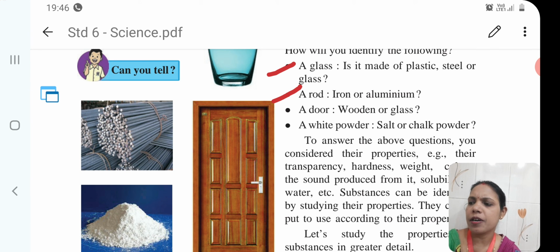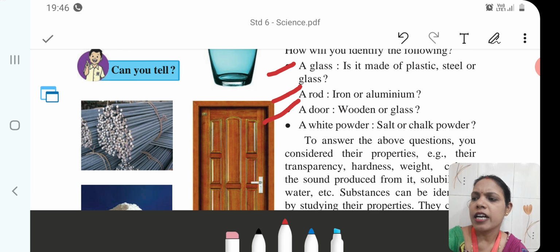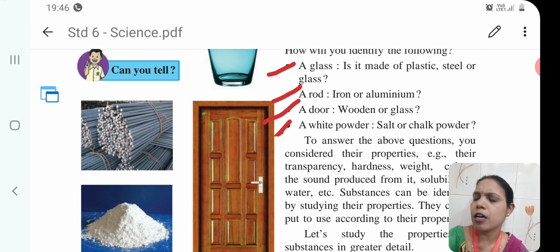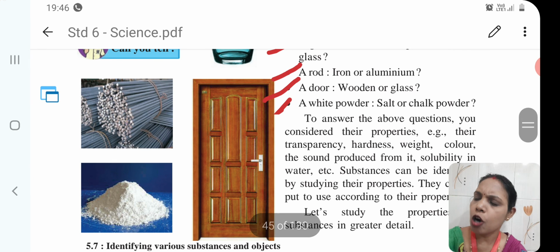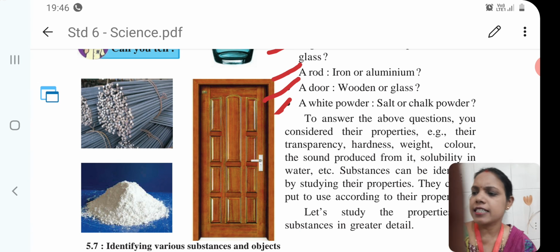Next example is a door. Is the door made up of wood or glass? Next is a white powder. Which one is it, salt or chalk powder? I hope you all understood the given examples.